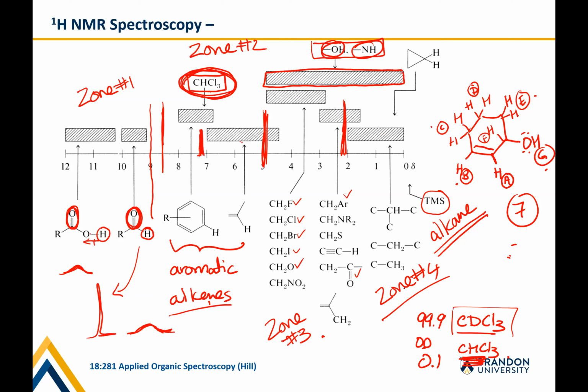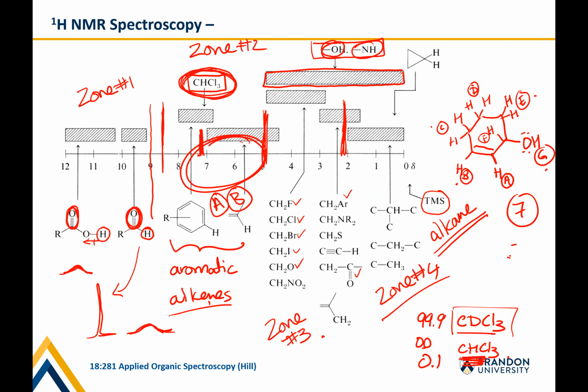So we've got HA and HB, which are both attached to a double bond. So we should see 2 of these somewhere. A and B should be somewhere in zone 2, like between 5.5 to 7 ppm, something like that.